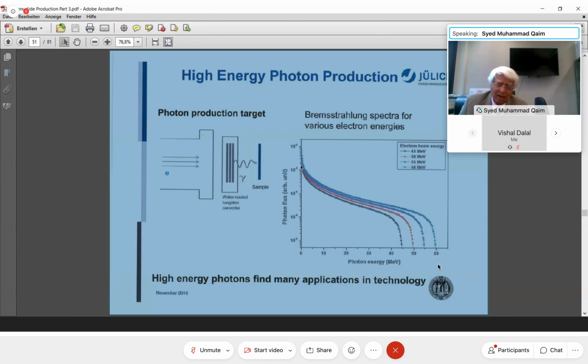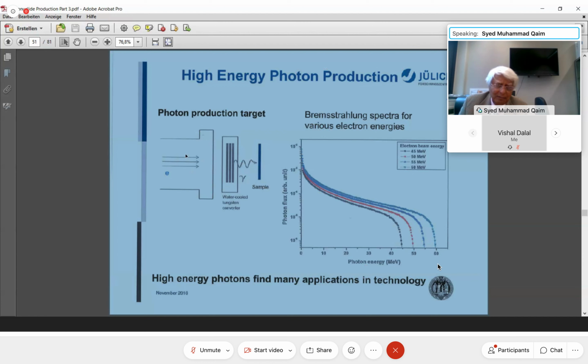How does the spectrum look like? The spectrum of the photon depends on the energy of the electron. The maximum energy of the electron is the maximum energy of the photon. If we have 60 MeV electrons, the photon spectrum changes here and ends at 60 MeV. If you have 50 MeV electrons, the spectrum changes and comes here.